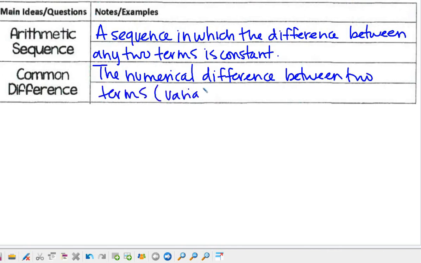And we use the variable, the lowercase d, for common difference. So common difference is the numerical difference between two terms.